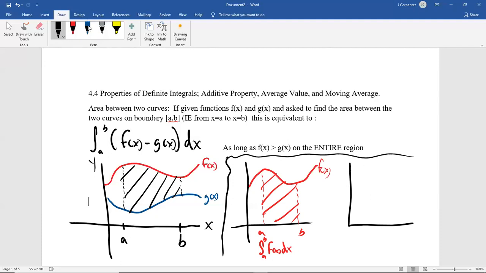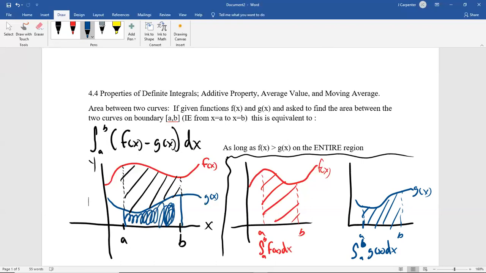This area right here, again from a to b, represents the integral from a to b of g of x dx. That doesn't look like a b, that looks like an a. This blue area right here, I'm going to draw it on the left one really quickly and then I'm going to erase it. What this blue area is exactly is this area right here.